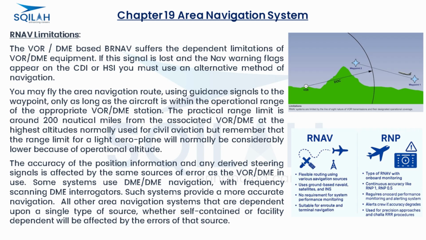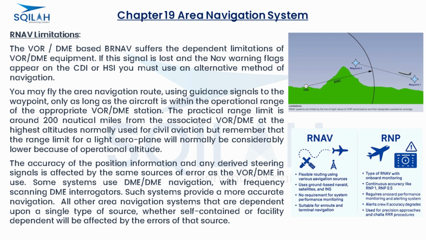The practical range limit is around 200 nautical miles from the associated VOR/DME at the highest altitudes normally used for civil aviation, but remember that the range limit for a light aeroplane will normally be considerably lower because of operational altitude. The accuracy of the position information and any derived steering signals is affected by the same sources of error as the VOR/DME in use.